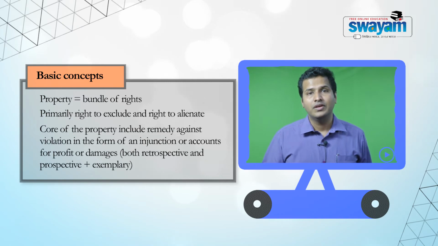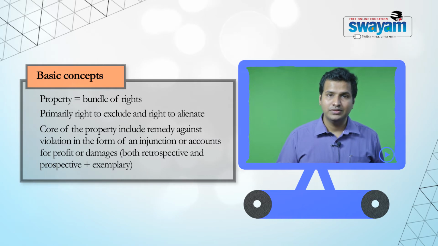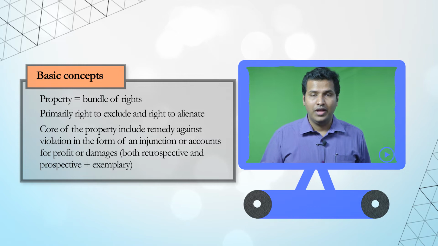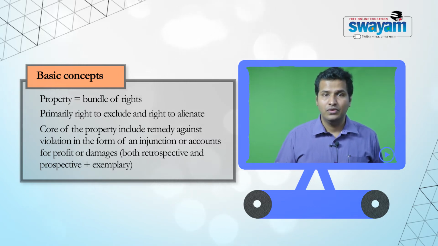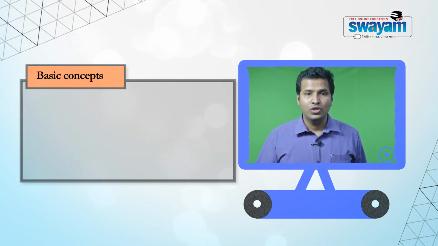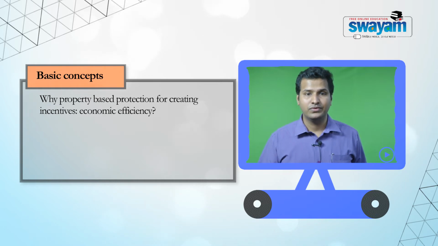So both these exclusion and alienation are the two core components of rights involving property. The core of property also involves remedy or remedial actions. They are in the form of injunctions, damages or accounts for profit, and these may be both retrospective or prospective and sometimes exemplary.